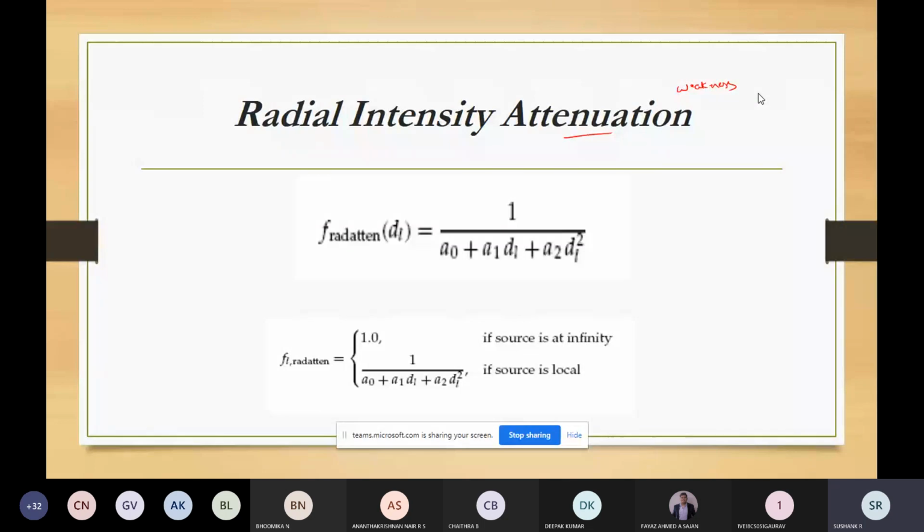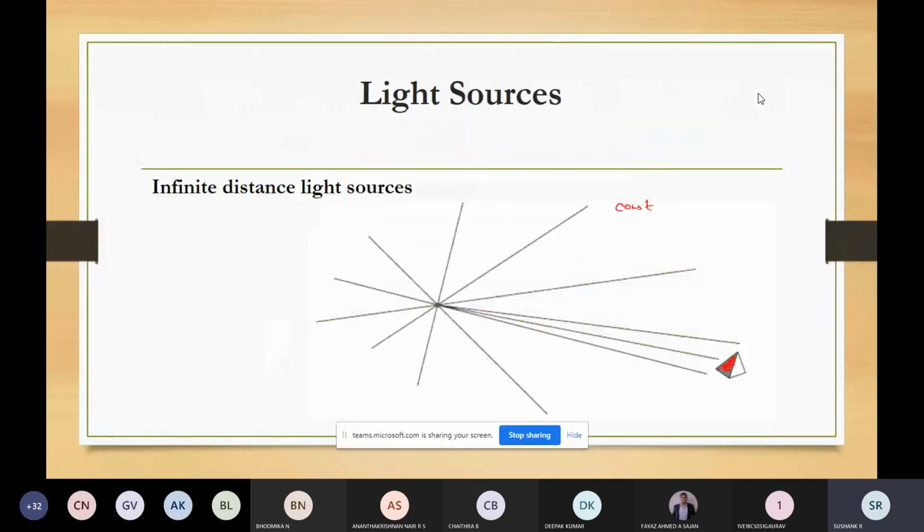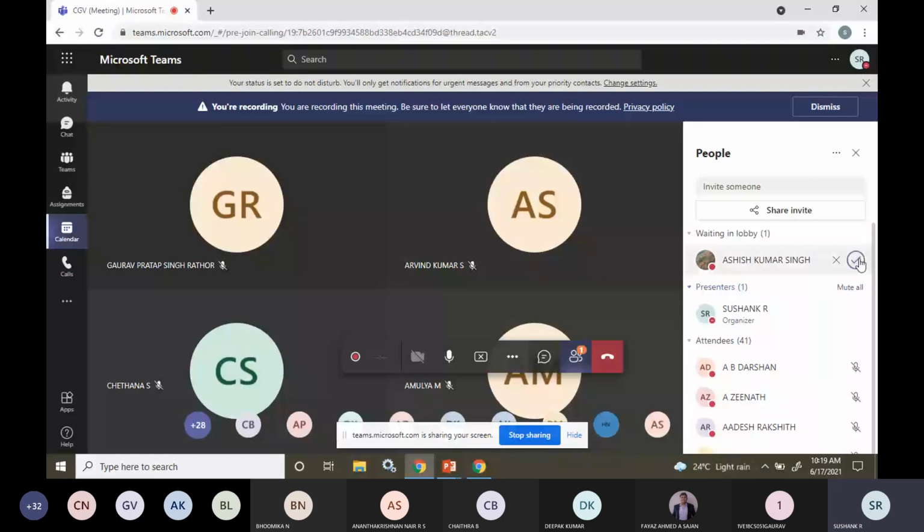In the previous topic we talked about the light coming from a distant position and traveling in a certain direction.